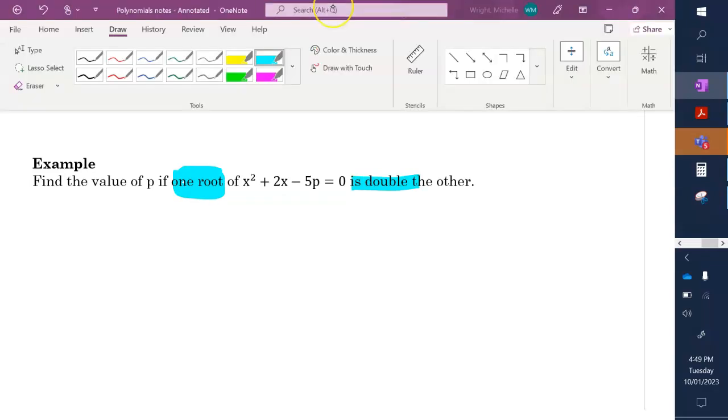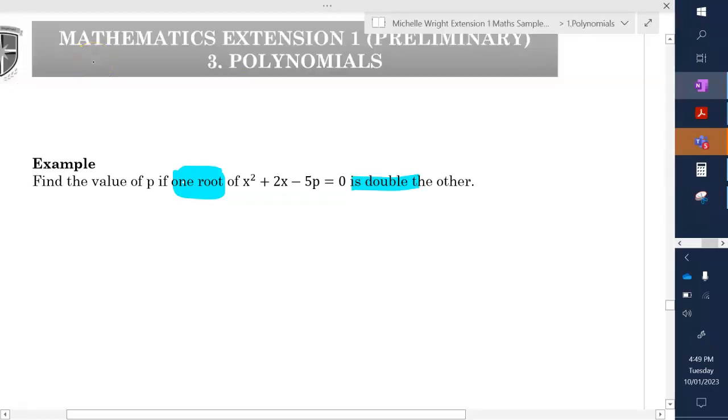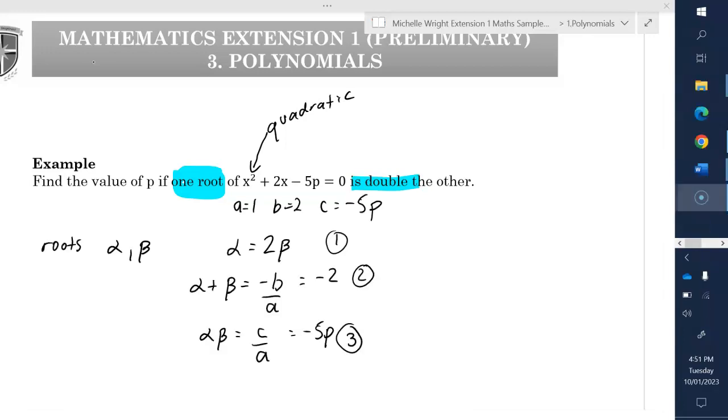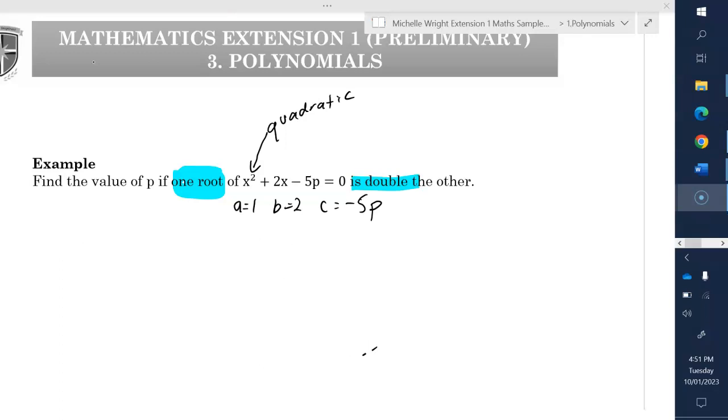So when you're thinking of polynomials, you're thinking of divisors, quotients, remainders. And in this case, because it's a root, we're going to have no remainder, and we want to be thinking about alphas and betas. We know it's a quadratic. We know there's two roots. We know the coefficients are A is 1, B is 2, and C is minus 5p.